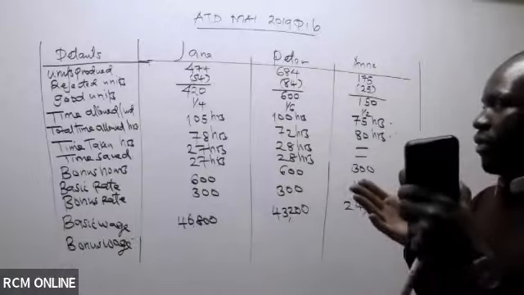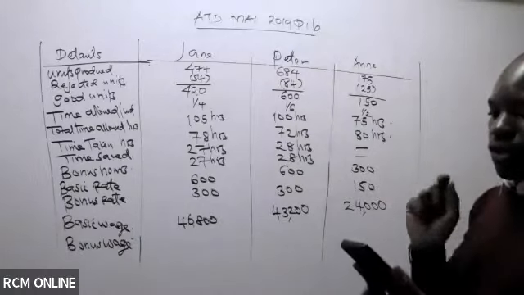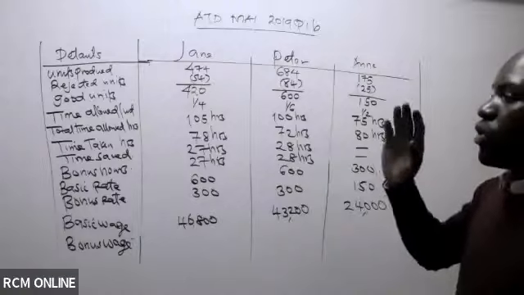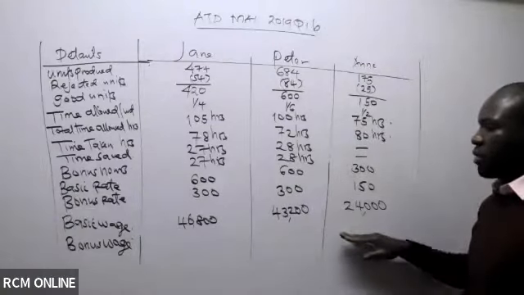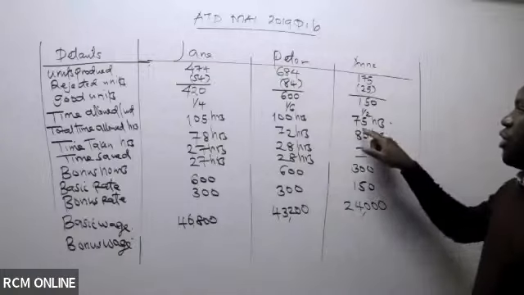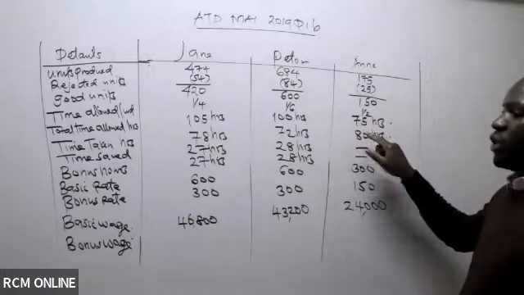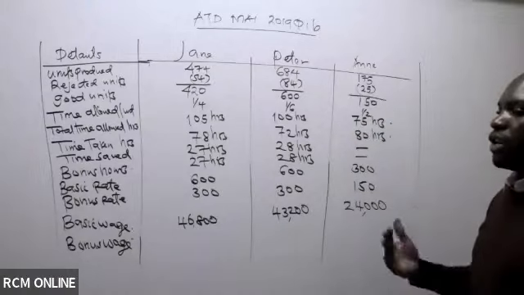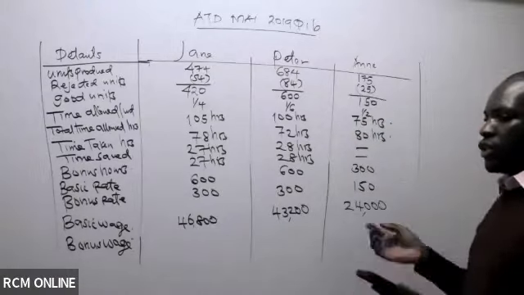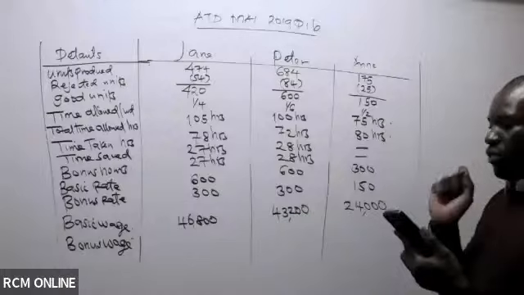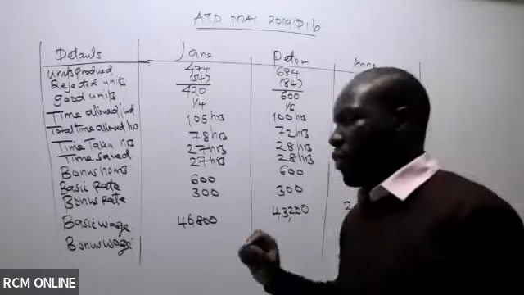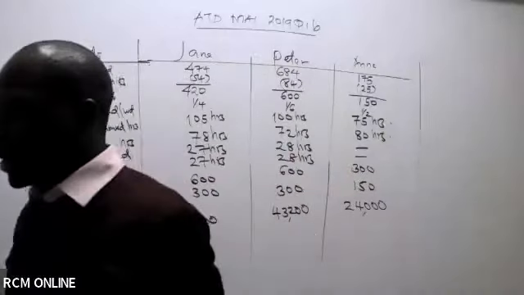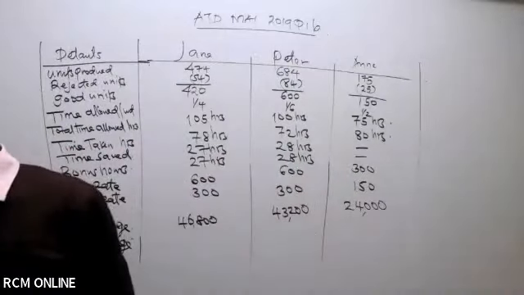If that was added to our question, we would have calculated the basic wage on 75 hours. If we don't have that clause, we work with 80 hours as the basic wage.